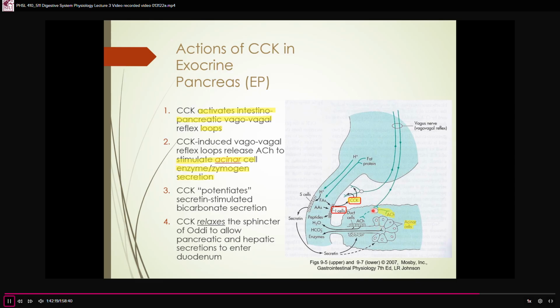The little dotted line here says that CCK can exert a secondary effect by itself. This dotted line means it's not able to give you much of a robust response in the duct cells that line the ducts and modify the primary secretions. But if it is present at the same time that secretin is present, secretin is going to be the hormone that primarily influences these duct cells.